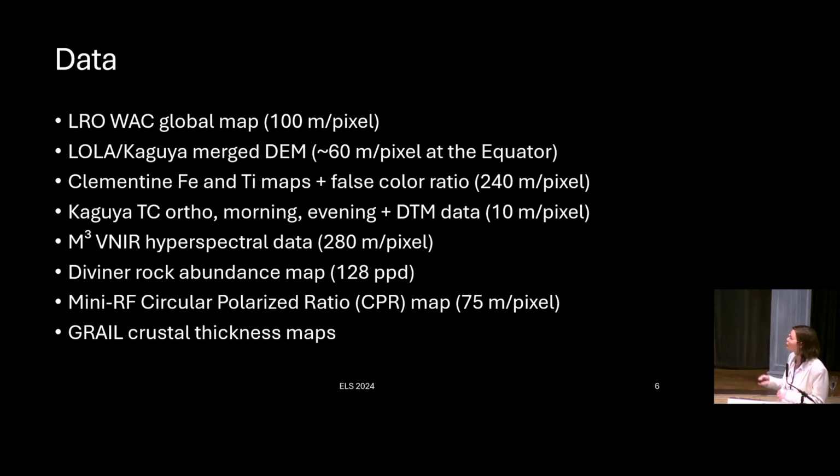It goes from the LROC WAC global map, to the DEM from the merged LOLA and Kaguya DEM, Clementine iron and titanium maps, Kaguya TC, M-cubed mineralogy mapper data, Diviner rock abundance, Mini-RF data, and GRAIL crustal thickness maps.